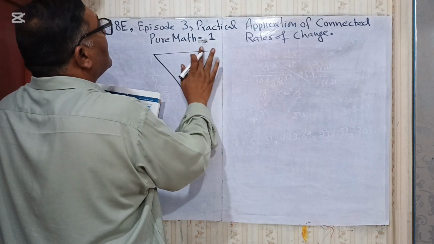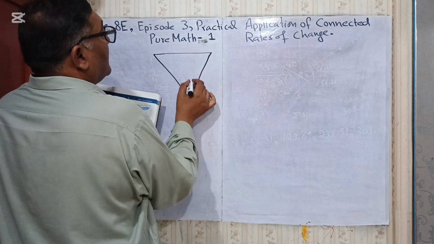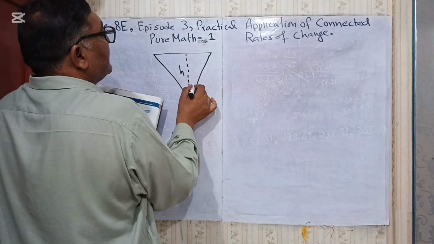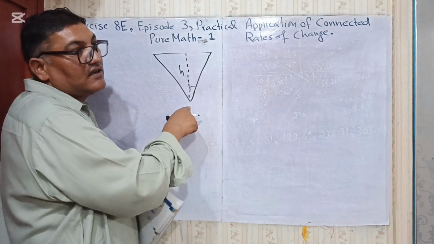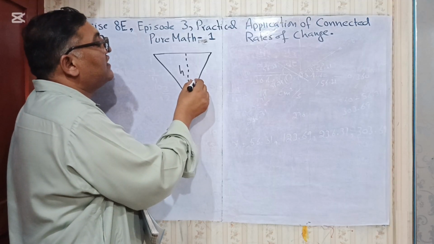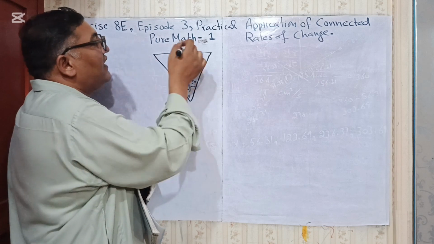So this is the question which is showing up. Okay, so I will draw for you. Let me draw the triangle. Question number 8. The triangle, the cross-sectional area of the water is something like this. Let me make it better.